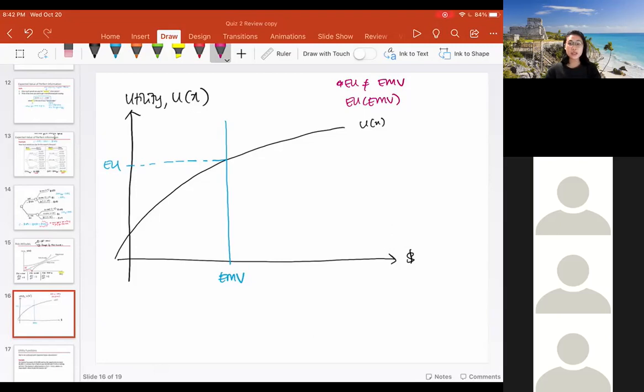So here you have your EMV. Now, if say you are risk seeking, right? You want your EMV to be higher. This is your expected utility. And this difference here is your risk premium. So there are a couple of new terms here.